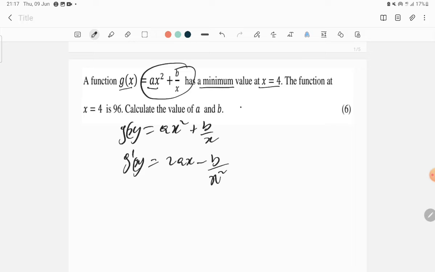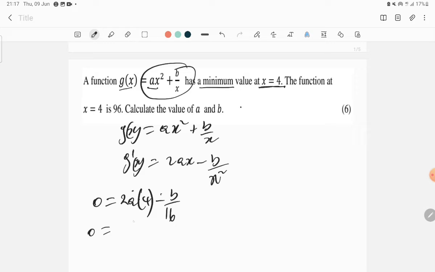So we know that at x is equal to 4, this derivative is equal to 0. So we can substitute 0 in the place of g prime, and in the place of x we put 4, of course. Then we have minus b over 4 squared, which is going to be 16 in this case. So 8 times 16 is 128.